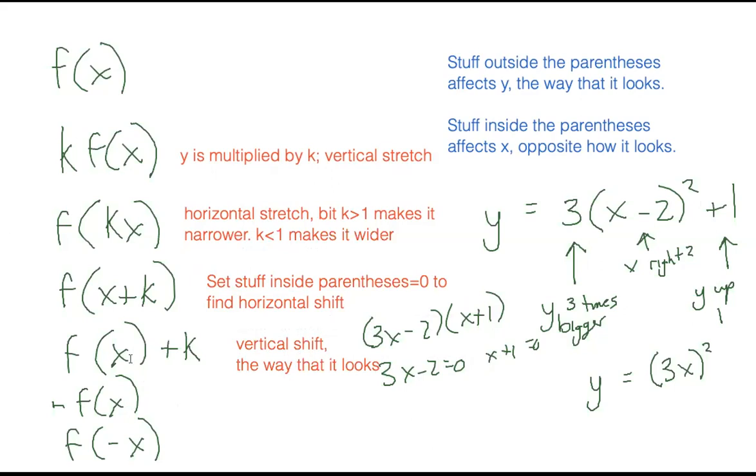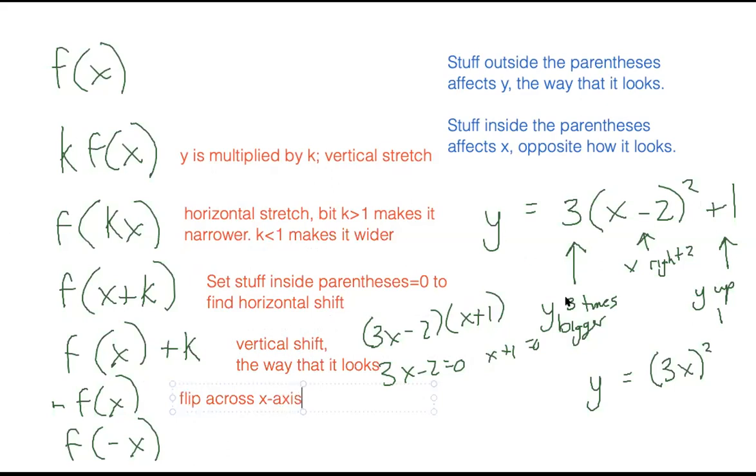Okay. Negative f of x means you're taking the y value and making it negative. So this is a flip across the x-axis.